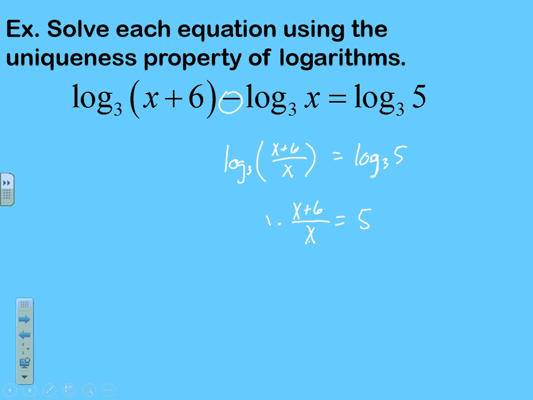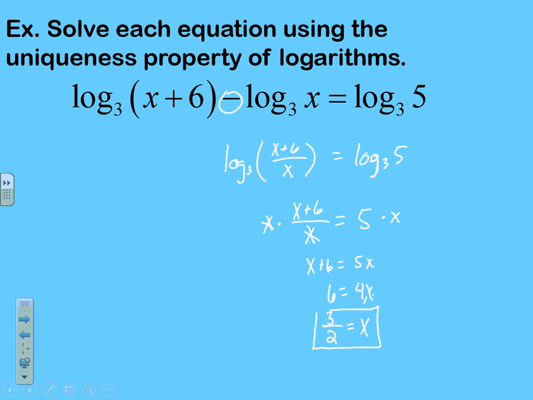So here, get the x out of the denominator by multiplying both sides. So the x's on the left side simplify to be 1, so that gives me x plus 6 is equal to 5x. Move the x from the left side over to the right side, and that gives me 6 is equal to 4 times x, and divide both sides by 4, and 6 over 4 simplifies to be 3 over 2, and that would be the solution.